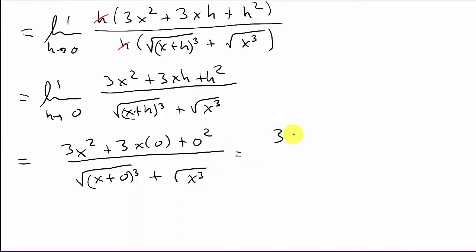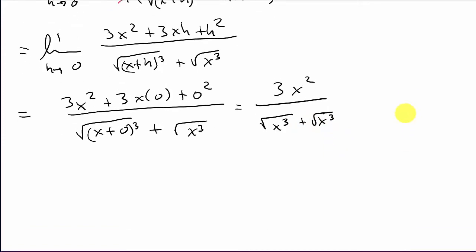So that's 3x squared over the square root of x cubed plus the square root of x cubed, which gives us 3x squared over 2 square root of x cubed.